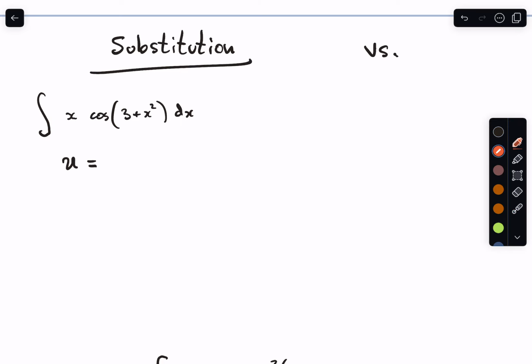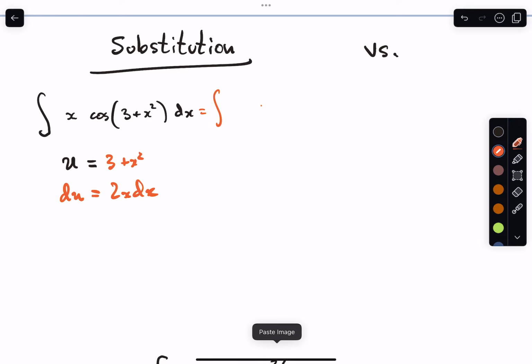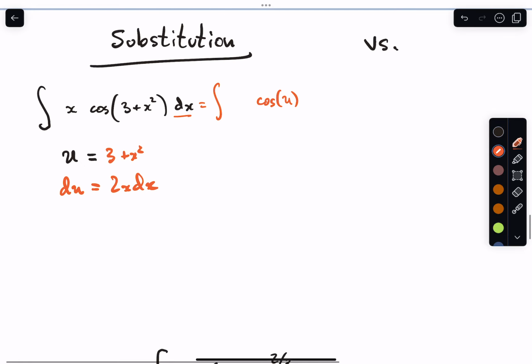So I'm going to say u is the inside, 3 plus x squared, and that would mean du is 2x dx. So I could rewrite this problem as an integral of, let's see, I'll have a cosine of u, and then the x times dx is equal to 1/2 du.